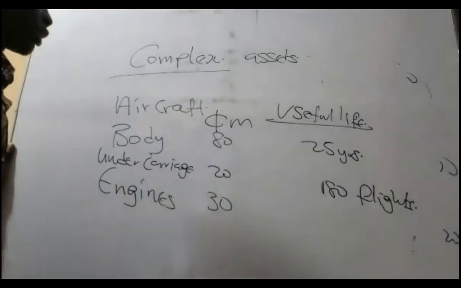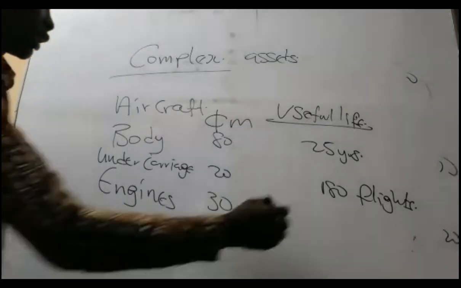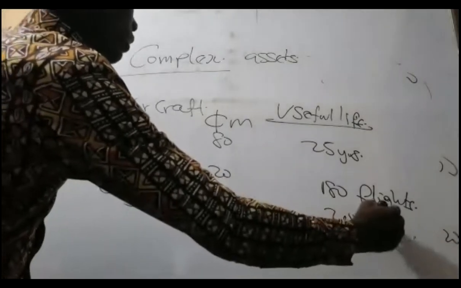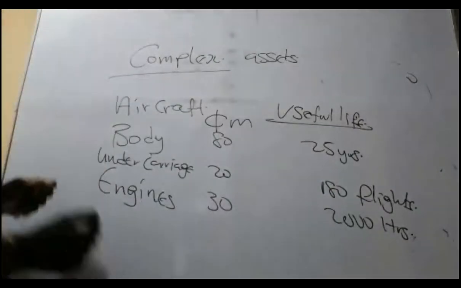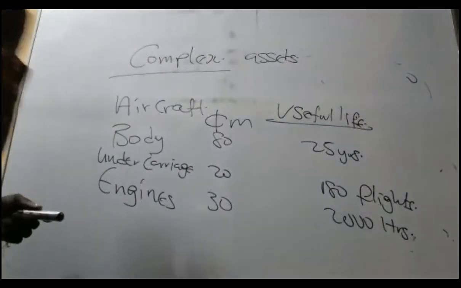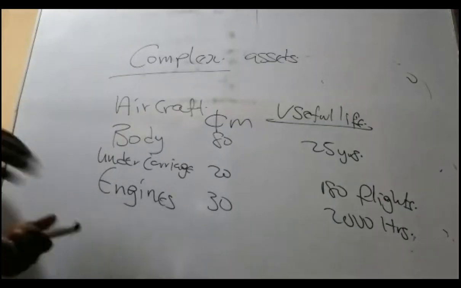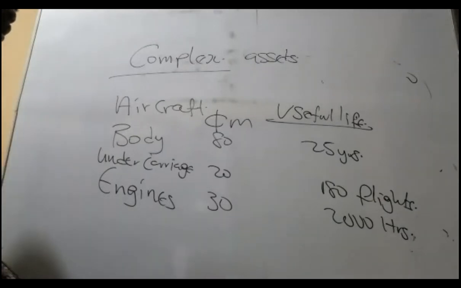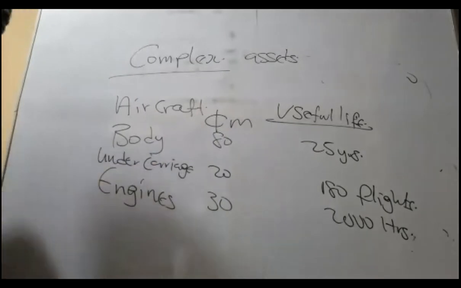And then the engines will be 2,000 flying hours. So that's the life. Have you seen that these are the components of the asset? In fact, in reality, there are more. So the standard permits us to depreciate them separately.